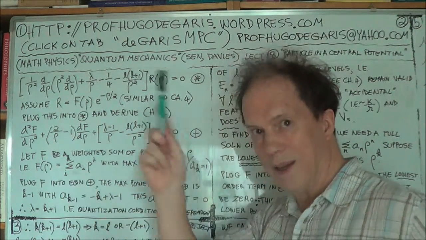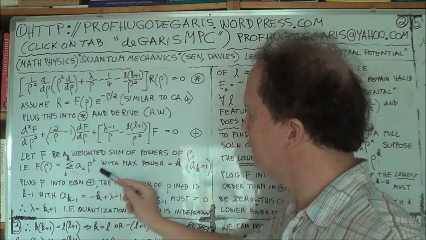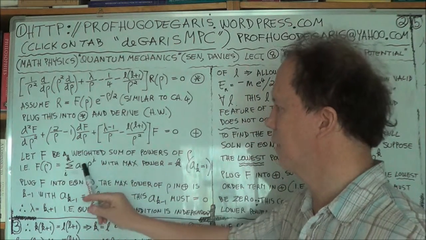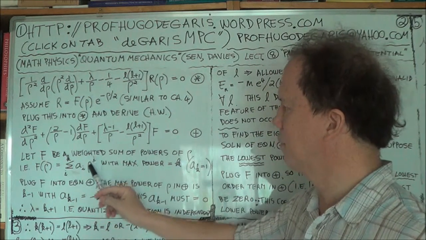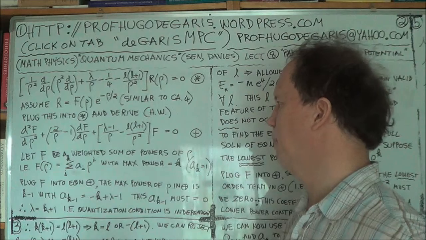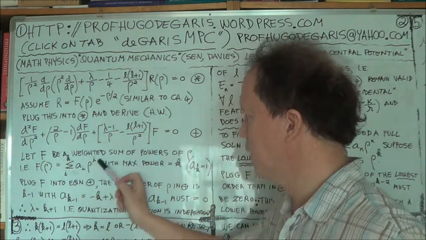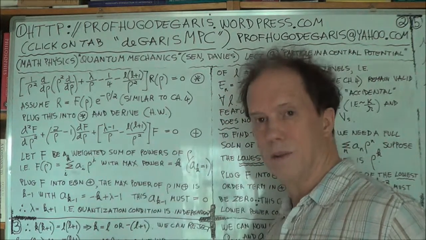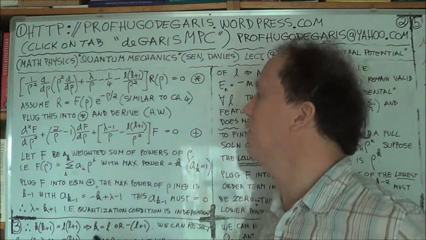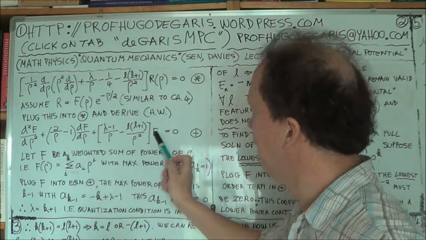Alright, so we have this equation that I called plus circle. We're assuming again f can be written as a weighted sum of integer powers of rho. So take that expression, plug it into here. To plug just means to substitute or just put. So put this here.